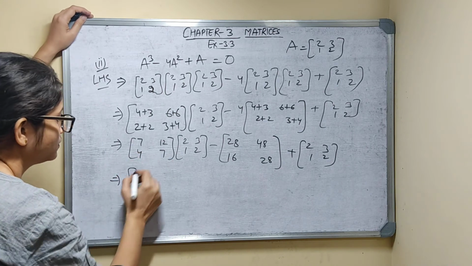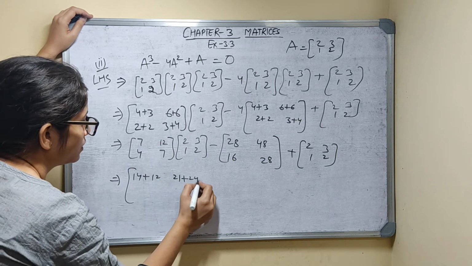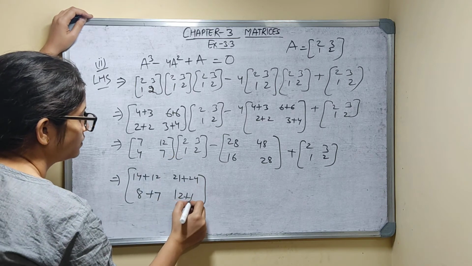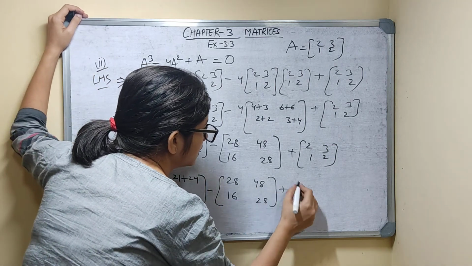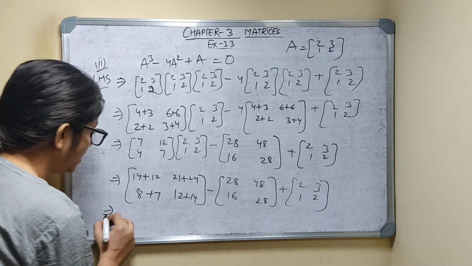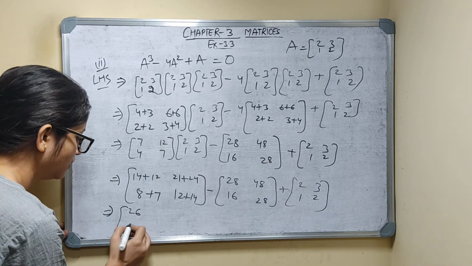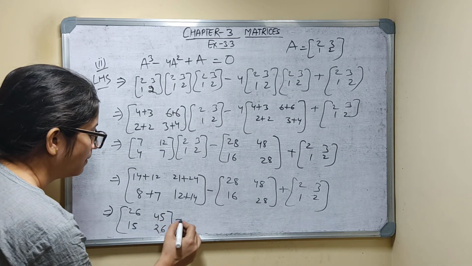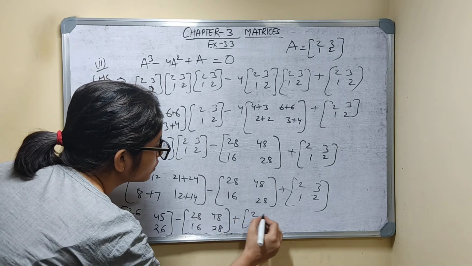Multiply this again: 7 twos are 14 plus 12, 7 threes are 21 plus 24, 4 twos are 8 plus 14, 4 threes are 12 plus 14. So you get 26, 45, 15, 26, minus 28, 48, 16, 28, plus 2, 3, 1, 2.